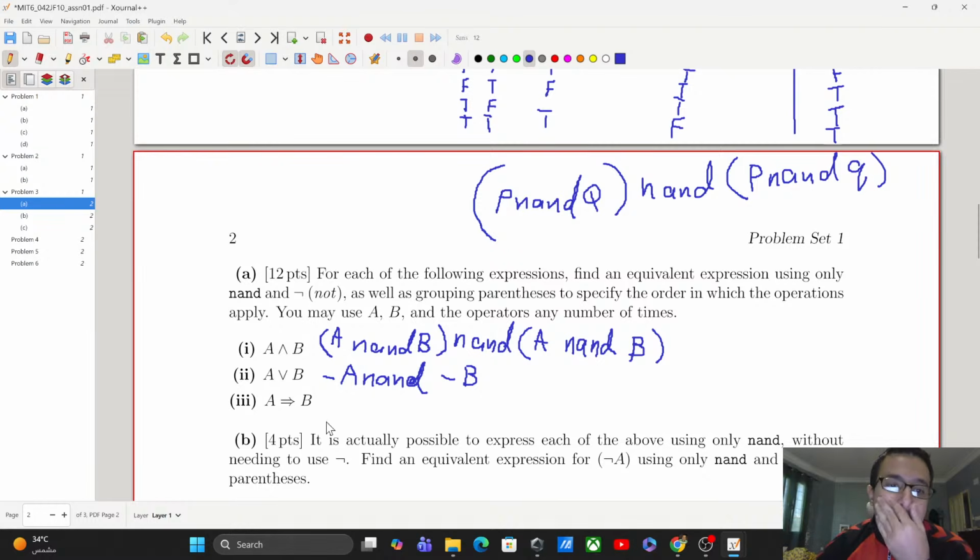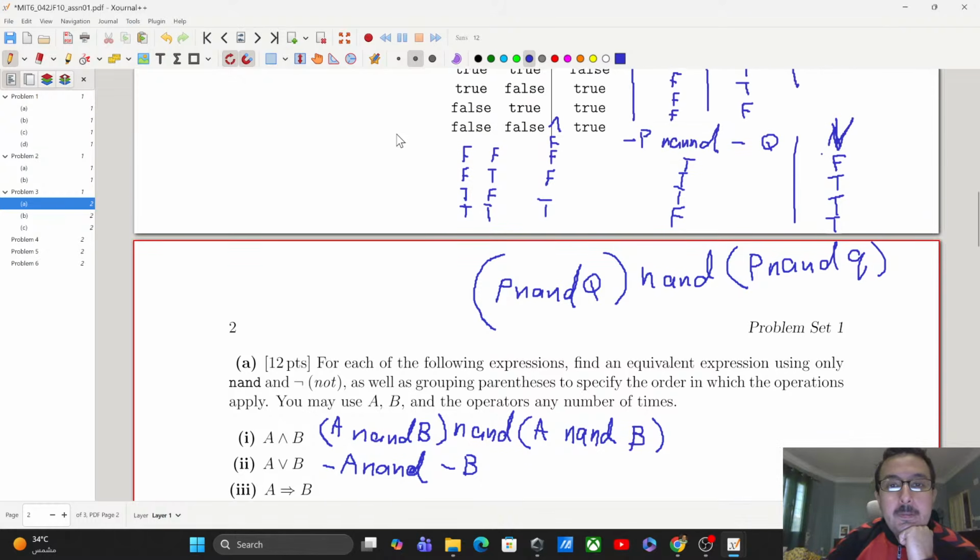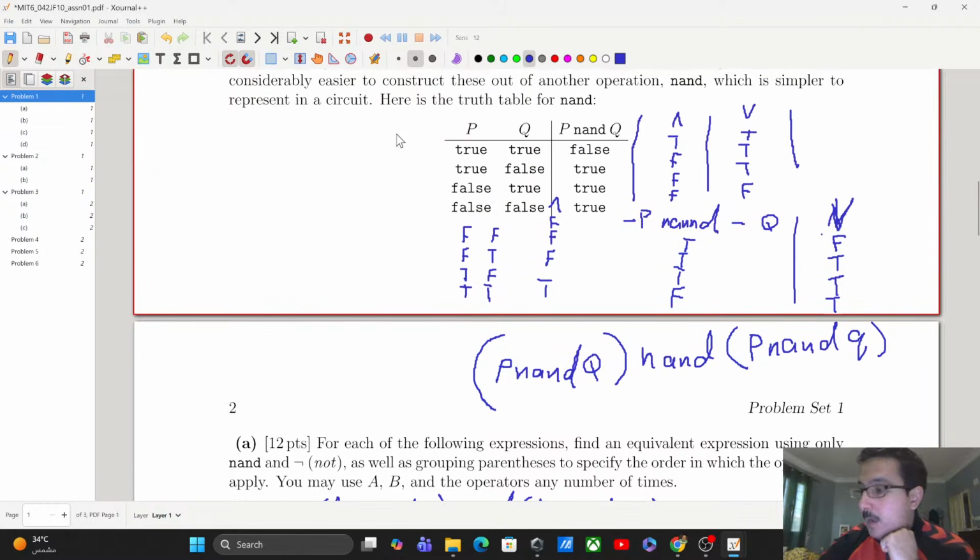And A implies B. This is only false when it's true and not false. So here we got P implies Q. Got true. Got true, false. We got the rest true.